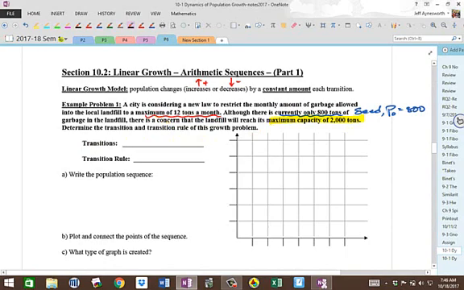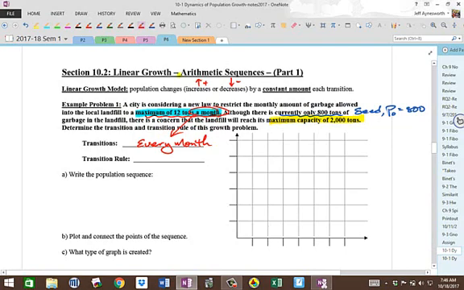Okay, so let's go back up here and take a look at this piece of information. It says the local landfill can take a maximum of 12 tons per month. First of all, this tells me the transition. It's every month, or you can say per month. It can take a maximum of 12 tons per month.